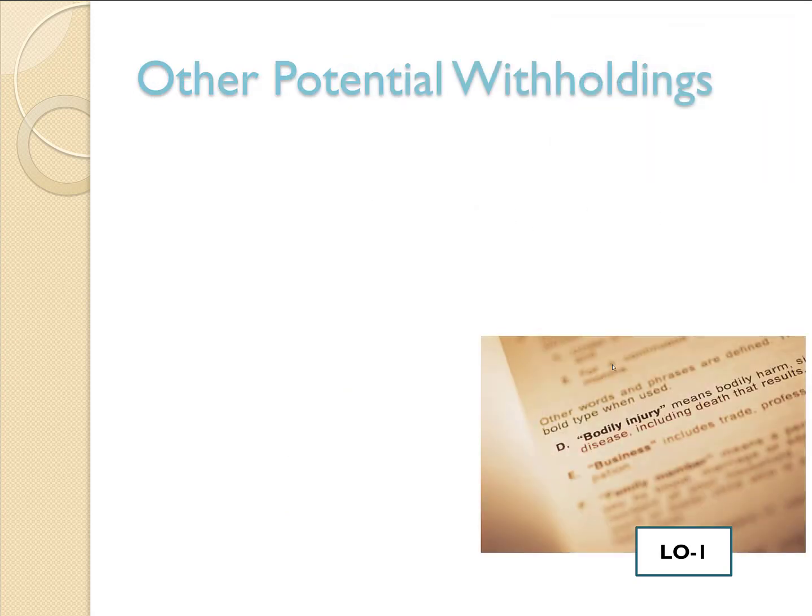Now we're going to move on to other potential withholdings. Potential means there might be some of these withholdings. There might not be. So these are not mandatory withholdings. An employee might have an amount taken out of their paycheck to pay for medical insurance. If so, that's a withholding. That's a deduction.